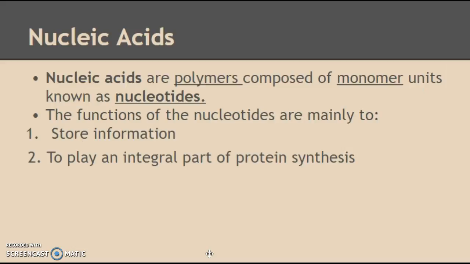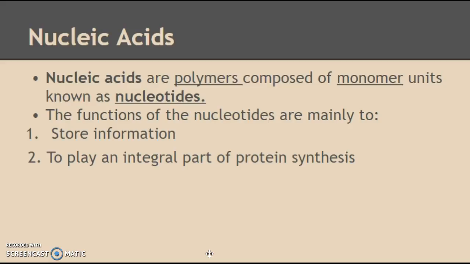The next form is a nucleic acid. Nucleic acids are polymers composed of monomer subunits known as nucleotides. So the nucleic acid is your polymer. The monomer is your nucleotide, so we build up lots of nucleotides in order to make the nucleic acid. The main functions of nucleotides are to store information and to play an integral part in protein synthesis.